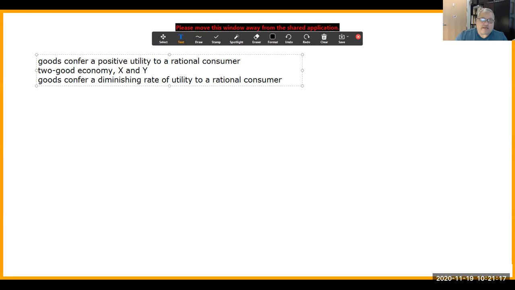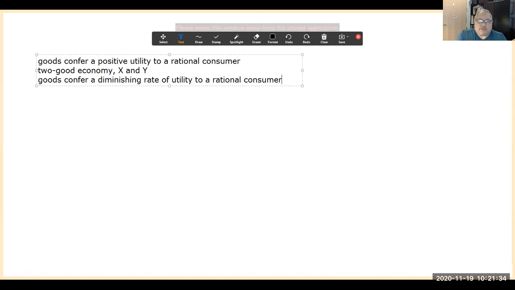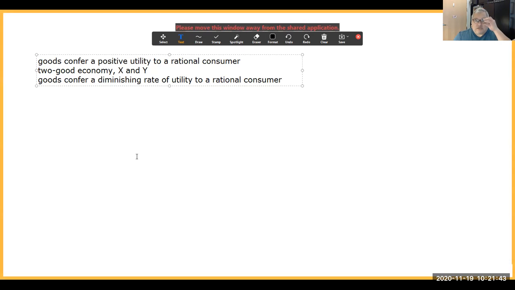So by the time you pick up the second slice and start eating it, there's less utility conferred than the first slice provided you with. By then, the aroma has been lingering in the room that you're eating. You're back to thinking about all the other things except how hungry you are. And this enables you to feel satisfaction, but not as much satisfaction as before. So that's what we mean by a diminishing rate of utility.